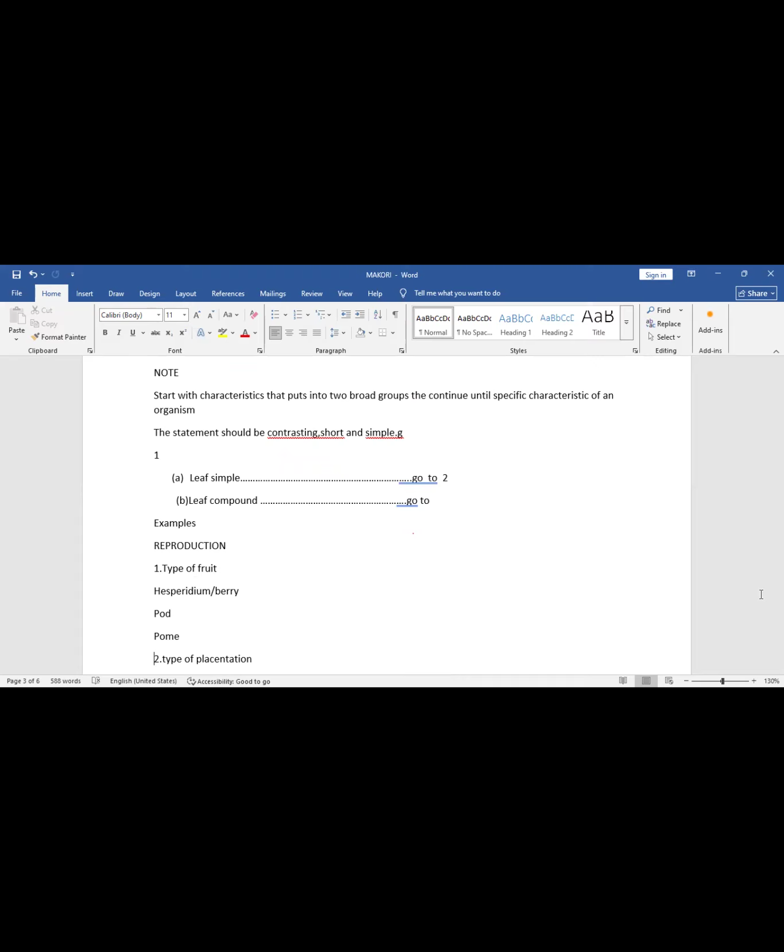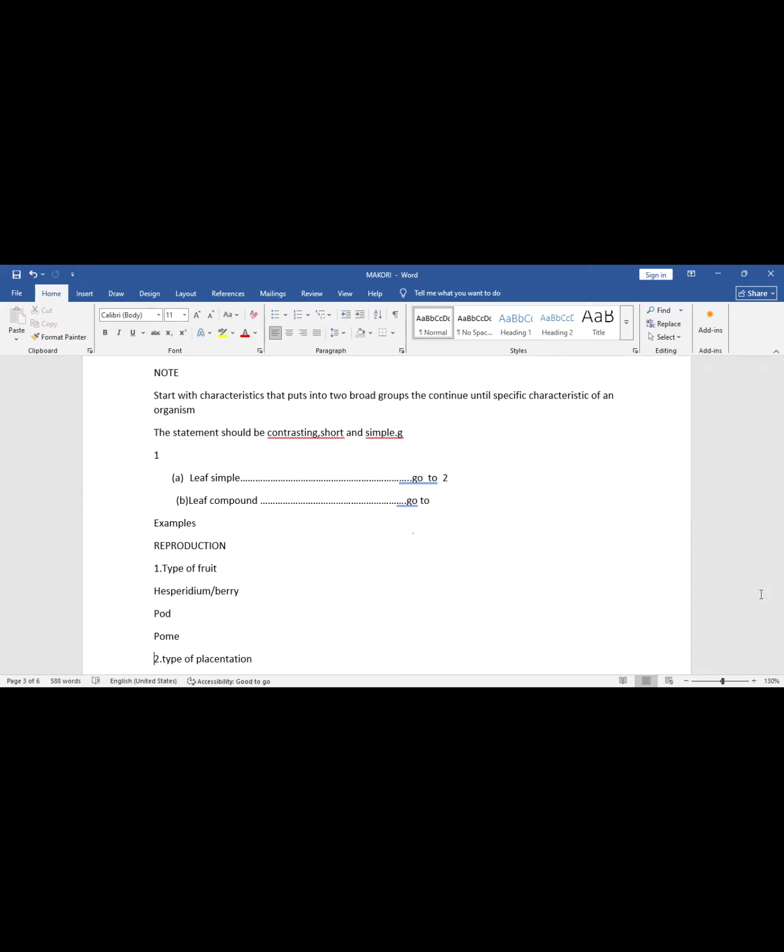So don't start with the unique characteristic of an organism, like now you are using maybe the mouth parts or the habitat that animal occupies, and maybe within the group of organisms that you have given, that is the only unique characteristic for a single organism. So start with those ones that will group your organisms into two broad categories.